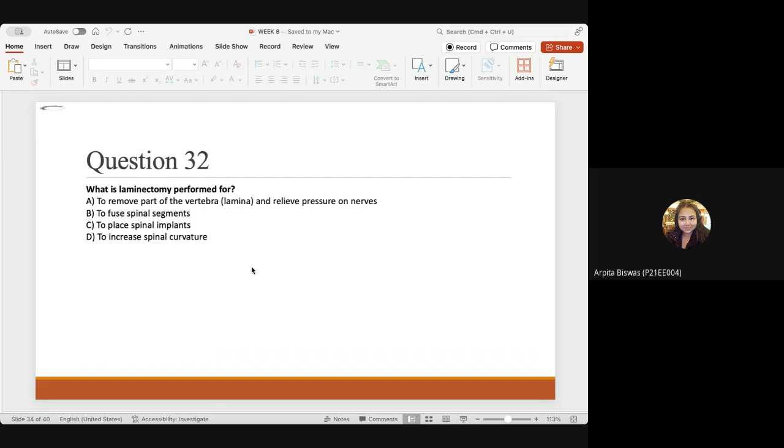Okay. So next we move to question number 32. What is the laminectomy performed for? First option, to remove the part of the vertebra or lamina and relieve the pressure on nerves. Option B is to fuse the spinal segments. Option C, to place the spinal implants. And option D is to increase the spinal curvature. So what is the right answer?